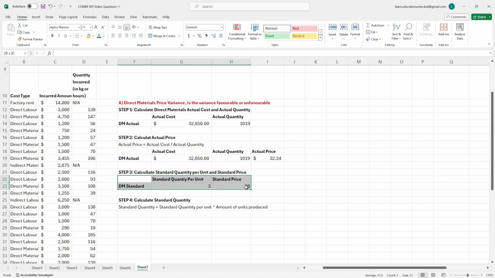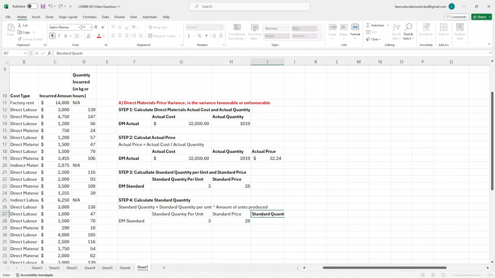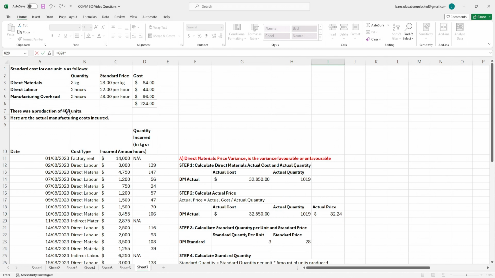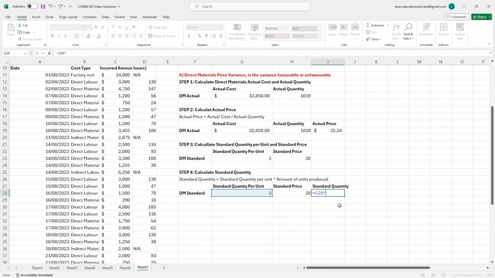So I'll have this table, paste it like that, and I'll put another one, standard quantity. So we said it's a standard quantity per unit, so I select that times the amount of units produced. The amount of units produced says here 400 units. So I'll write 400, and that's our standard quantity.